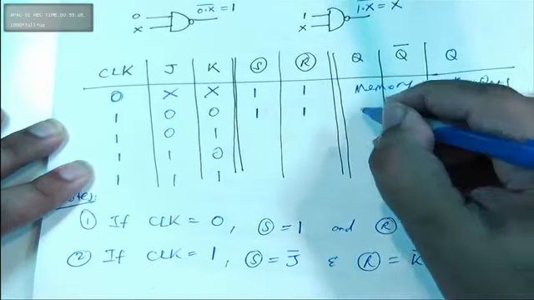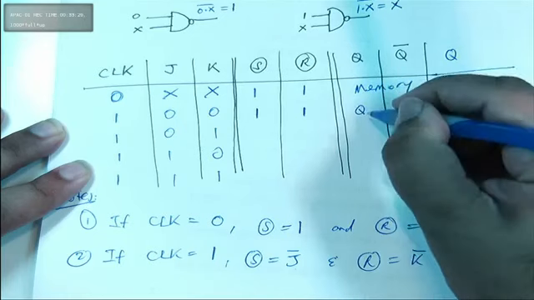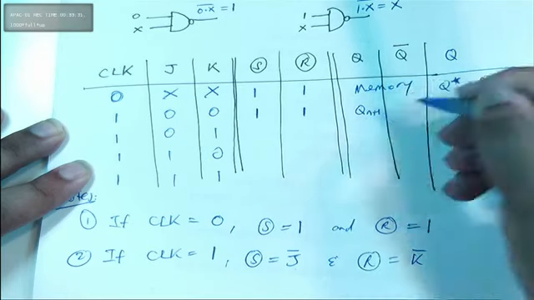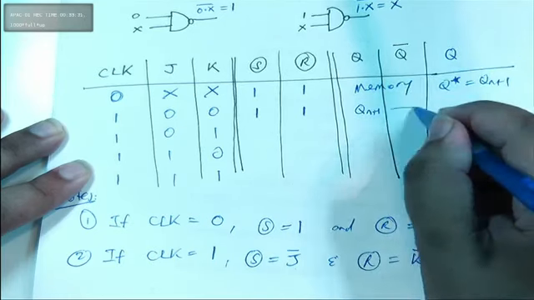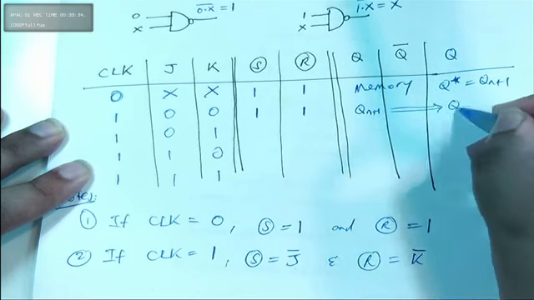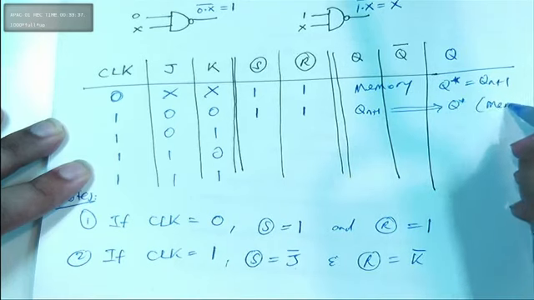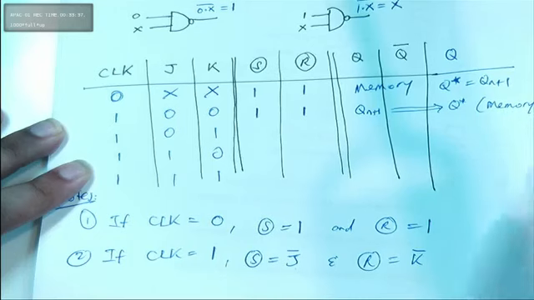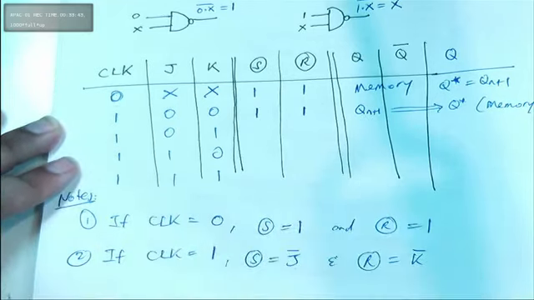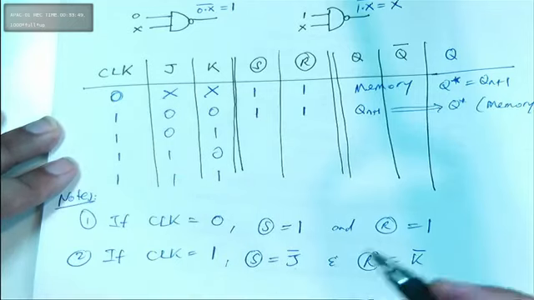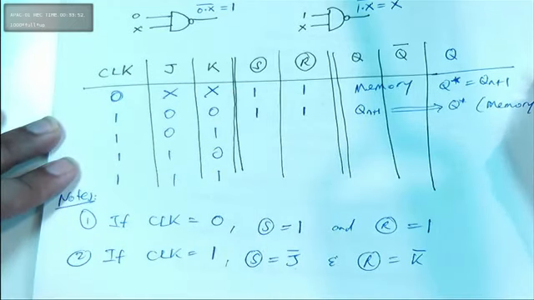So Q will be equal to Qn plus 1, which is the same as saying Q star, or memory. Oh, I forgot, maybe I should have put this down. All right, set. Everyone happy? Maybe we just say for this line here, it is note number 1.